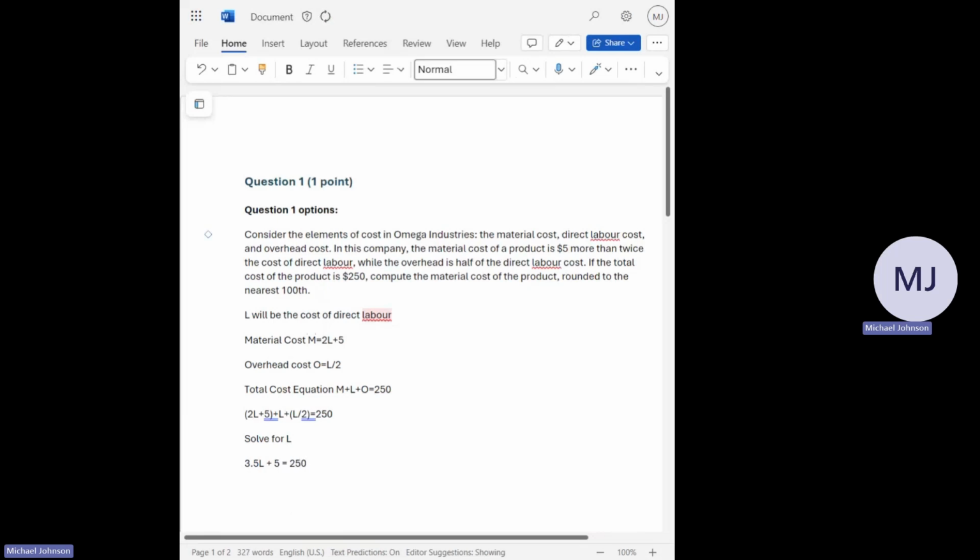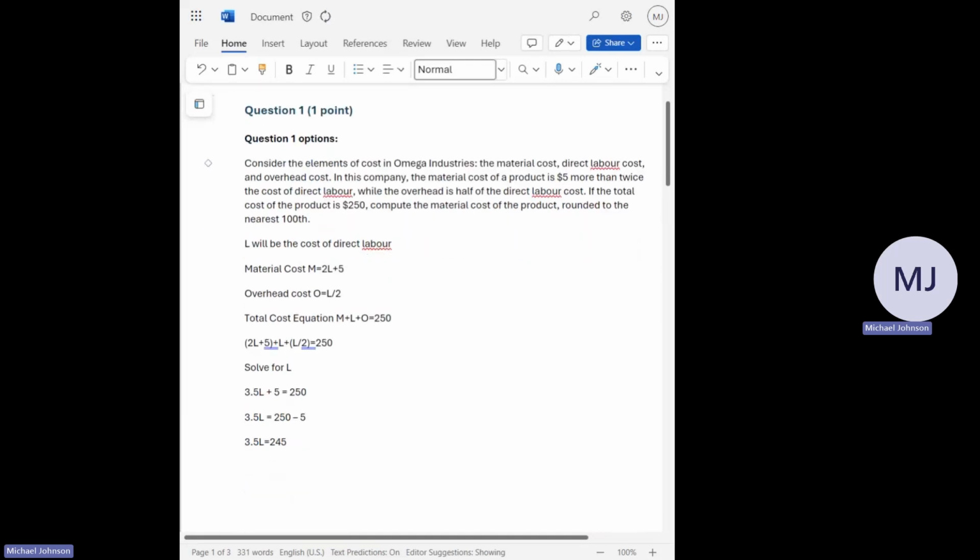And then rearrange it. You bring the 5 over to the right side, like that. And then 3.5L equals 245. And then you divide by 3.5 on each side, you get L equals 70.